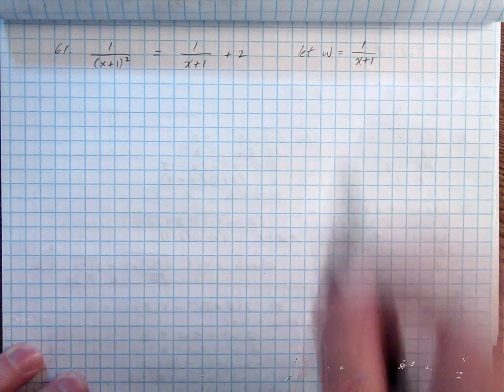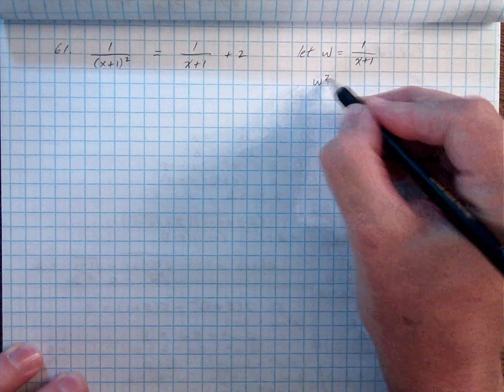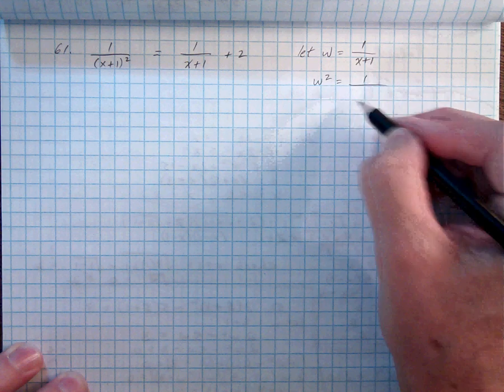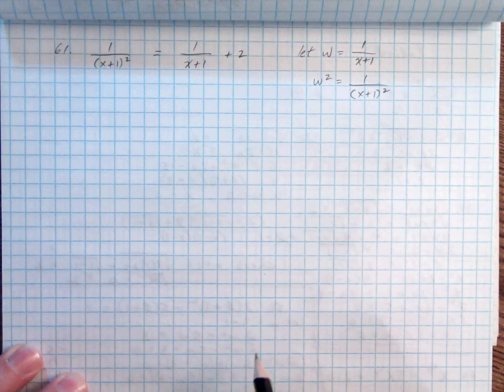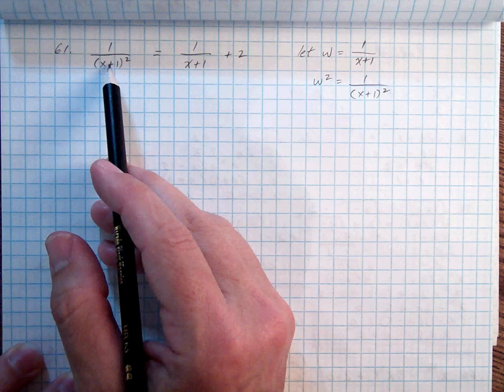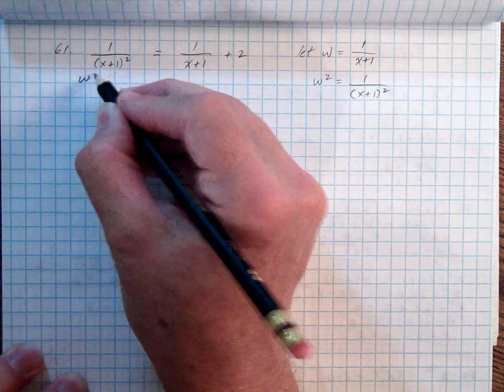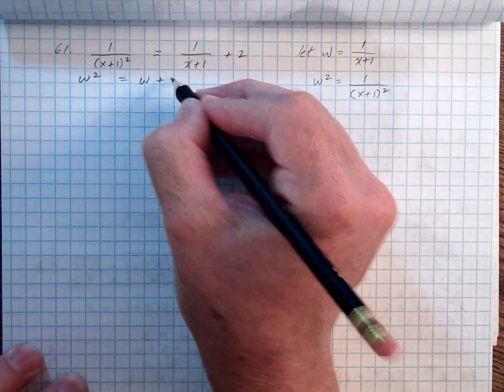So if w equals 1 over x plus 1, then w squared is going to be, well, you square that and you get 1, and you square that and you get (x plus 1) squared, right? So now I can replace this whole thing with w squared equals w plus 2.